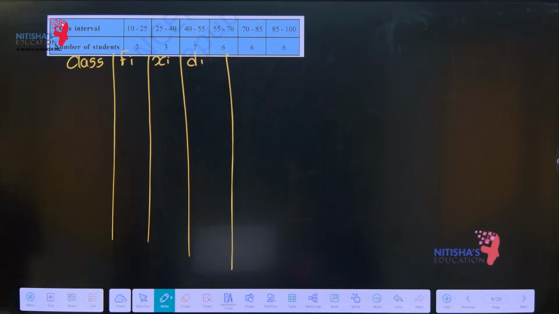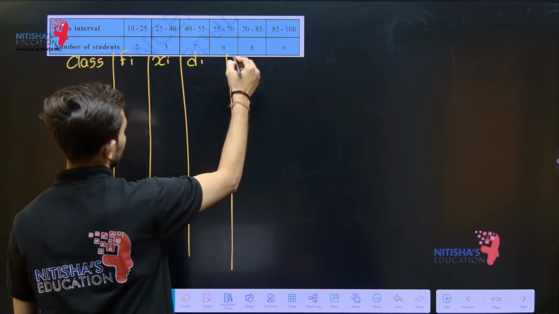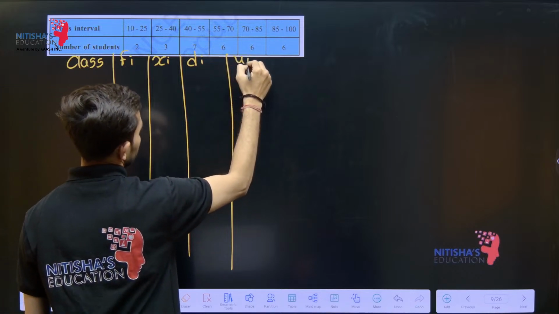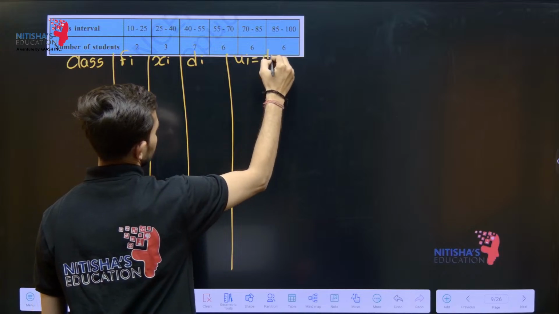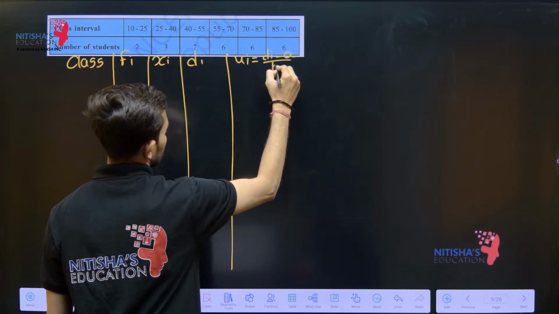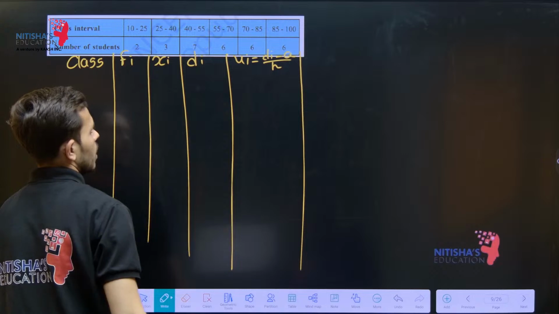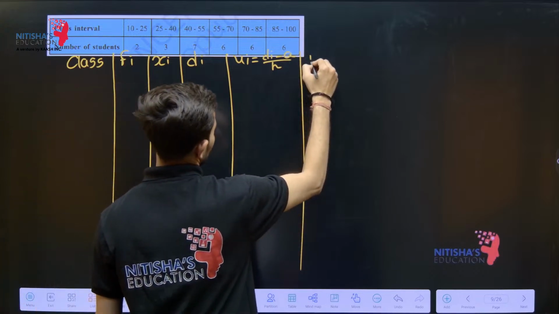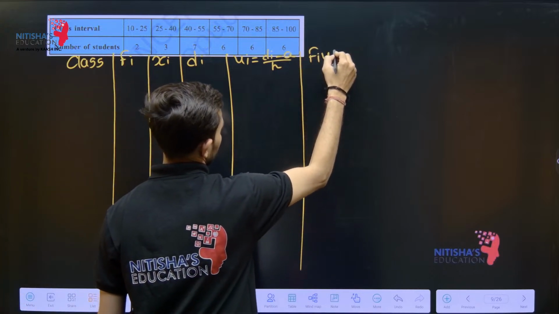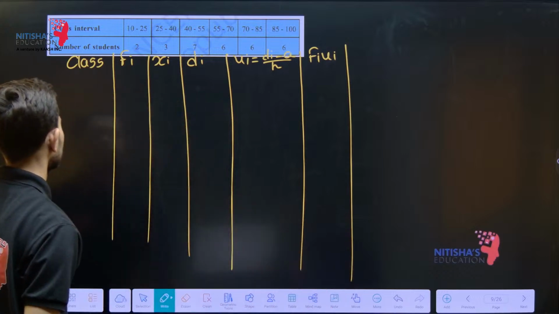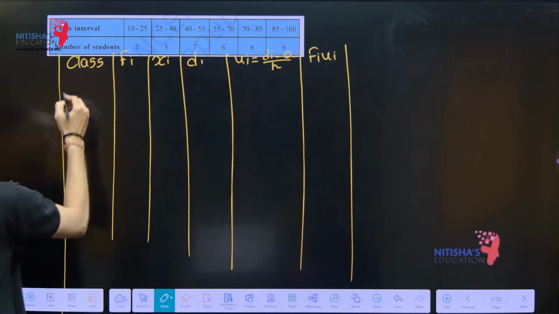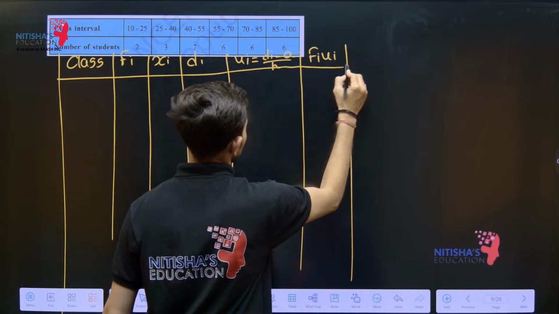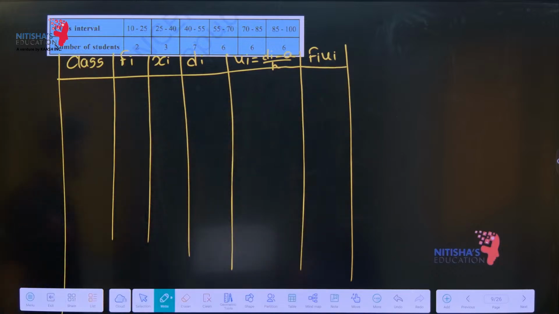Now if we get di, then we need to find ui, which is given by di upon h, and at last we want to find fi ui. Okay, let's just complete this table.